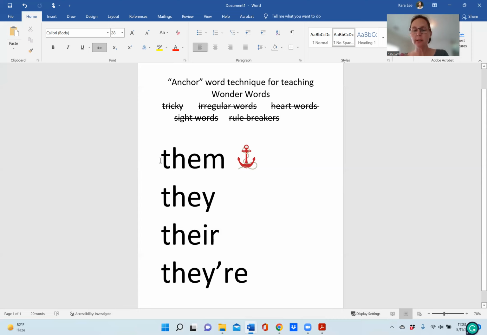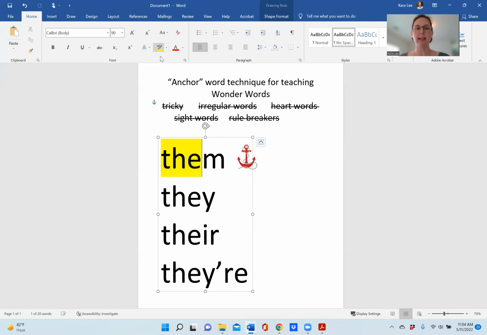Okay, so now we're physically looking at the words and we know how to spell them. Now, what do we notice about these words? Them, they, their. What do we see that's the same in all the words? And you might get lots of different answers. If you don't want to take that approach and you want to be much more direct, just say to the student, all of these words have the letters T-H-E.